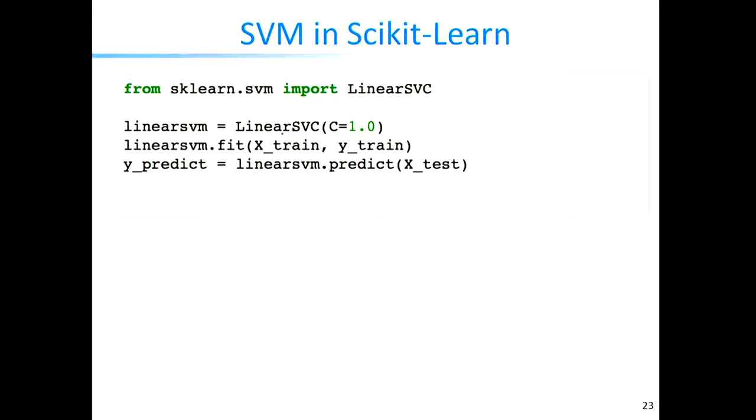You just instantiate a linear support vector classifier object. You choose the regularization constant. Here, this is the lambda. It's called C. That's the only parameter you need to give it. You feed it the training set, in terms of x and y pairs, and call the fit method. And then once you've fitted it, you just use the predict method in order to get predictions on some test examples. So all of this is super easy to do.